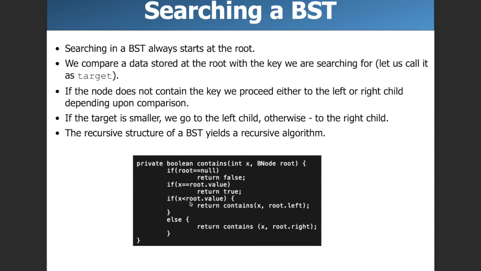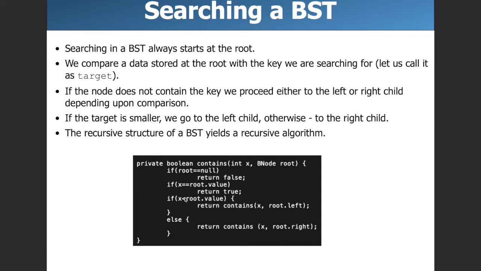If target less than root.value, go to the left side of the tree. You understand why it is the left side of the tree? Because everything is in order in a binary search tree. Whatever is less is on the left side, right? Whatever is greater than the parent is on the right side.